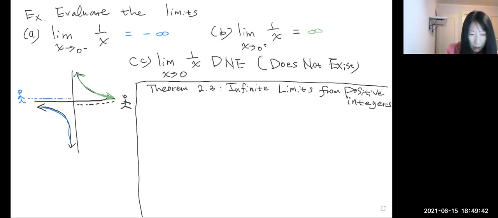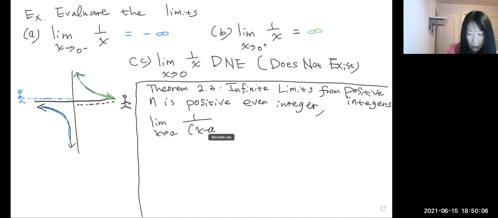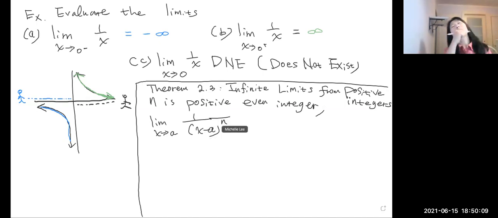Let me just write down. n is a positive even integer. We have the limit as x approaches a of 1 over (x minus a) to the n power. This n is an even power, then it goes to positive infinity.